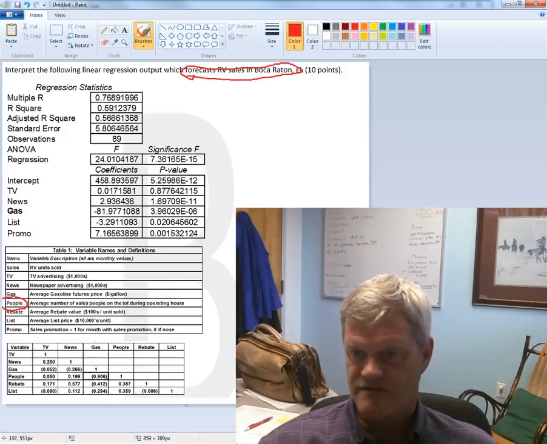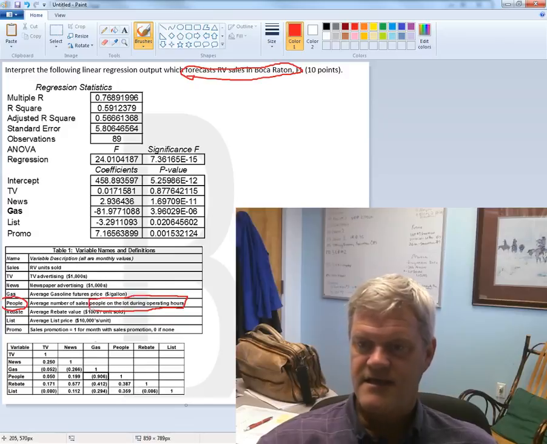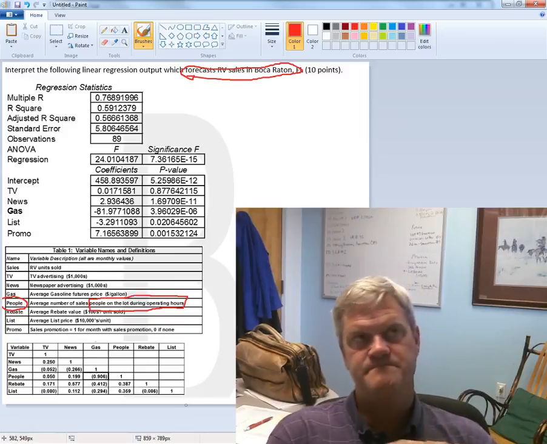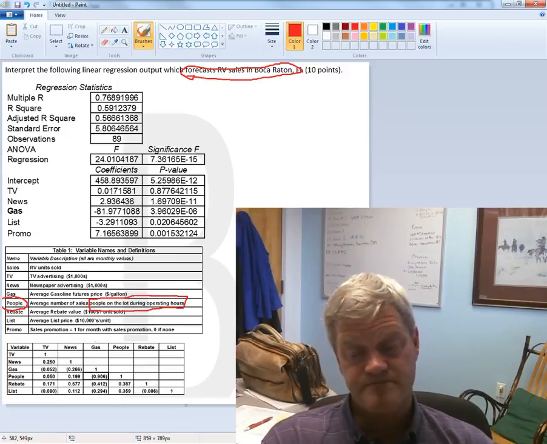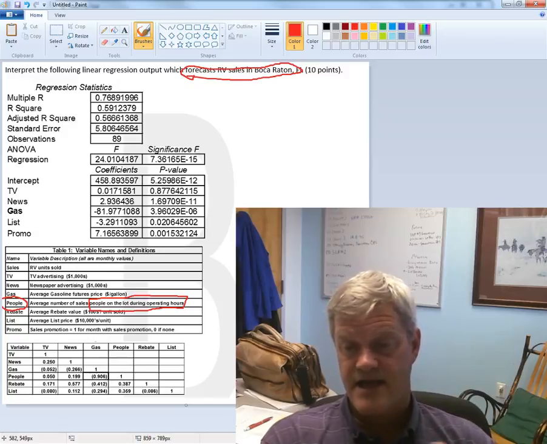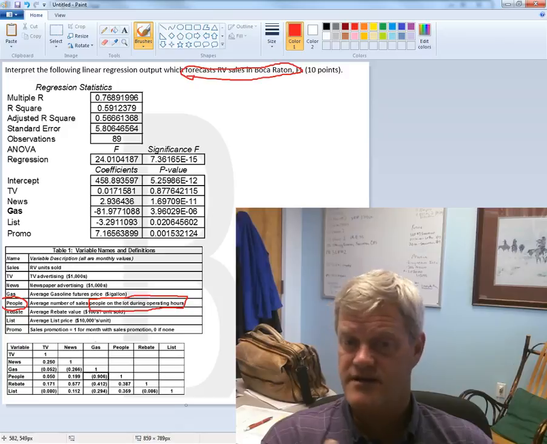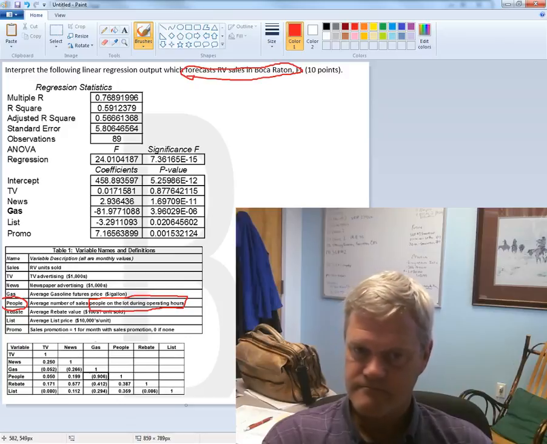The average number of salespeople on the lot during operating hours. If in our example we had days where we had one salesperson on the lot during operating hours, and other days we had, let's say, 5 salespeople during operating hours, that is, in effect, a range of applicability of the model.